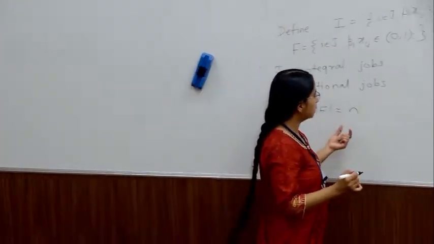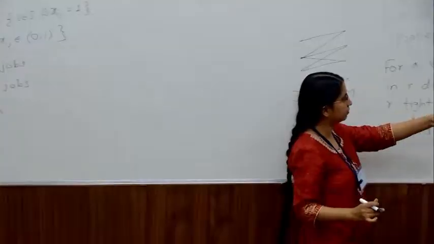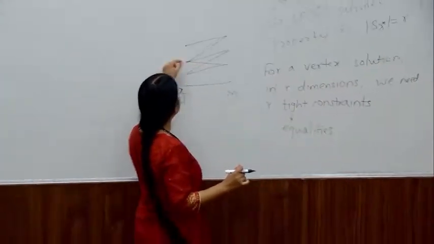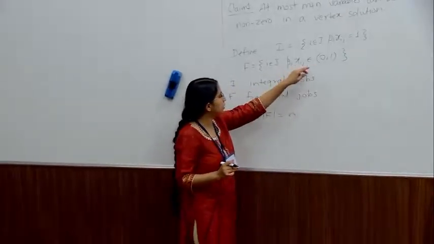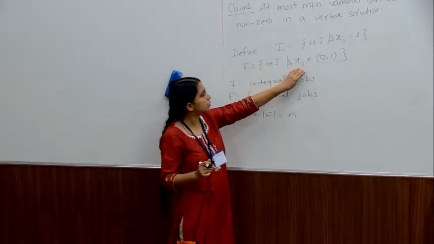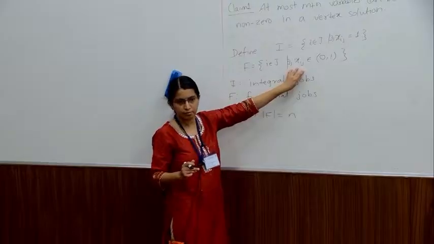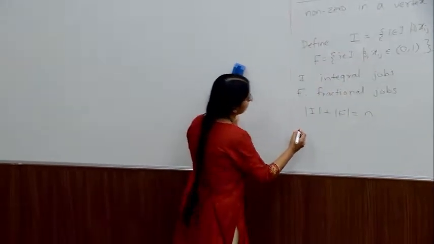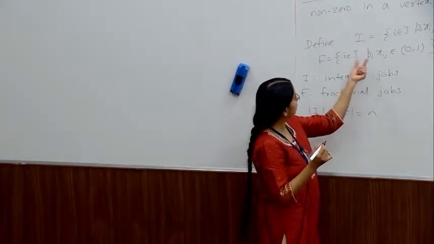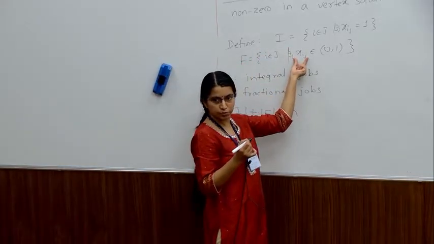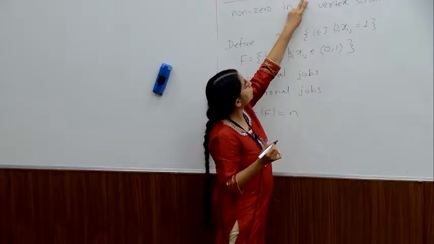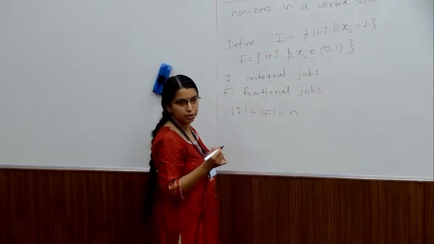Now, since a fractional job gets fractionally assigned, it has to get assigned to at least 2 machines. So for every job in F, at least 2 xij's have to be non-zero. But what is the total number of non-zero variables? It is only m plus n.